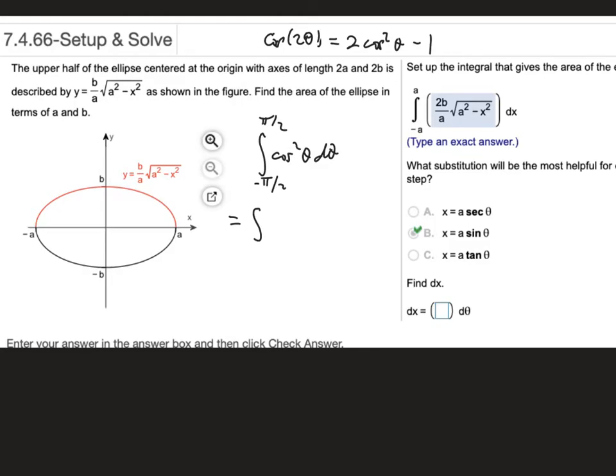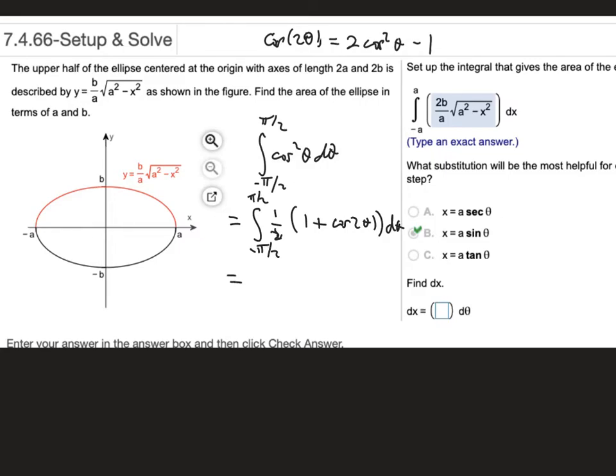I could take that double angle formula up here. I can add 1 to both sides and then multiply both sides by a half. That will give me 1/2 times 1 plus cosine 2 theta. And that's still minus pi over 2 to pi over 2.